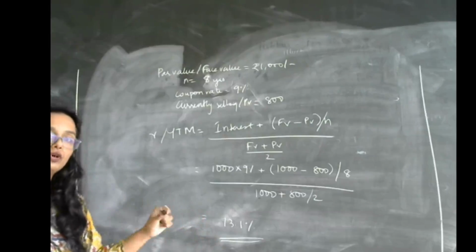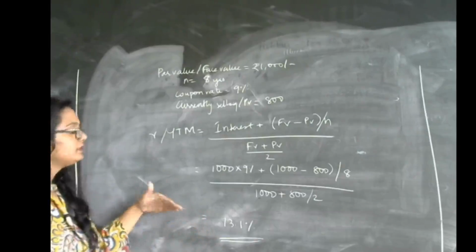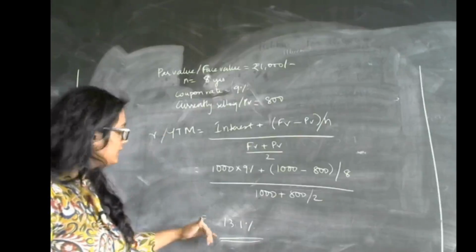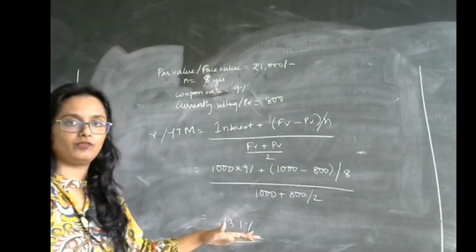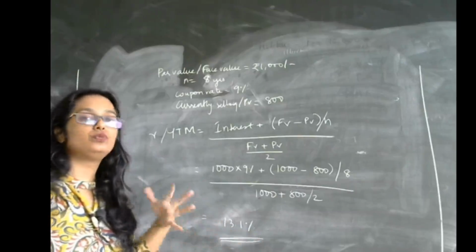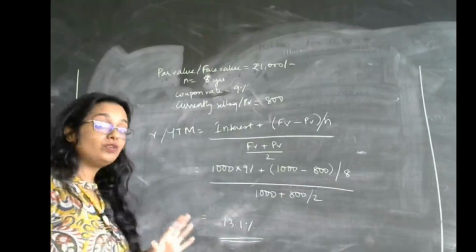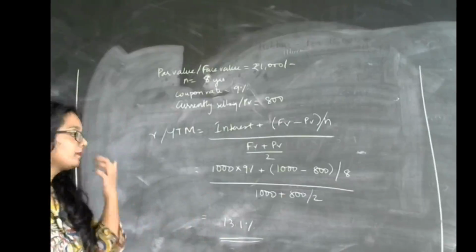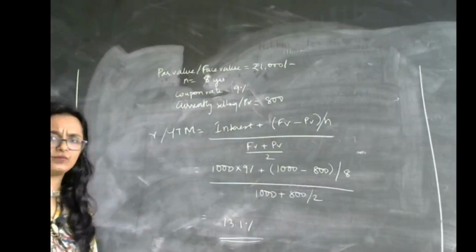But I want to show you how to find YTM through the interpolation method, that is the trial and error method, so that you know both methods. The trial method is a little bit lengthy but it's easy as well.